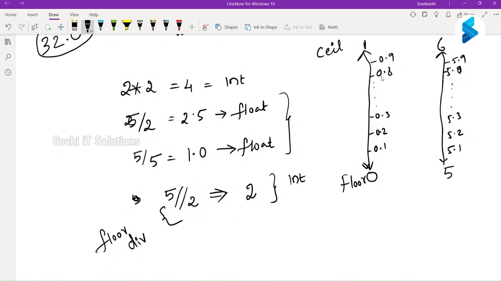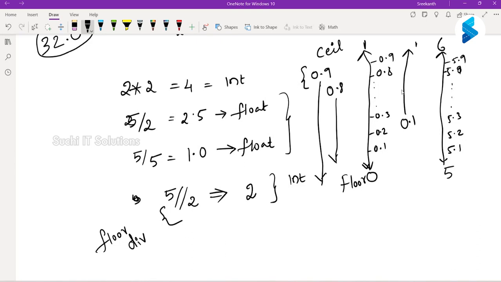What would be the floor value of 0.9? 0. Right, so it is always 0. Whatever the floor value of 0.8 will be 0. Okay. What would be the ceiling value of 0.1?